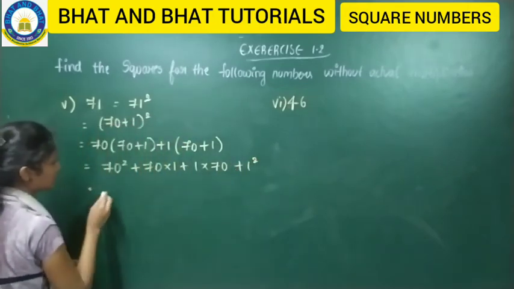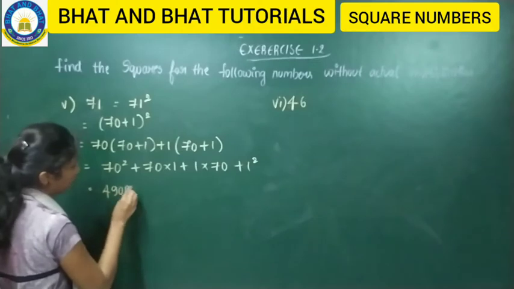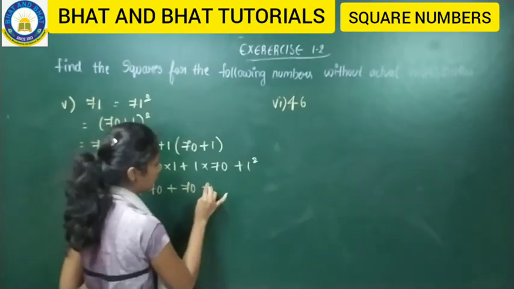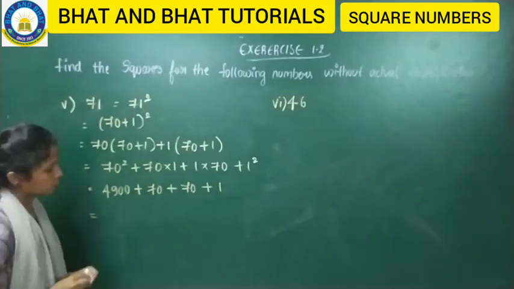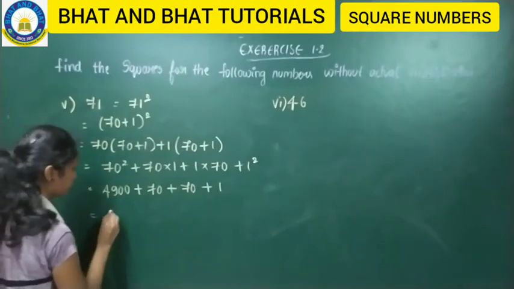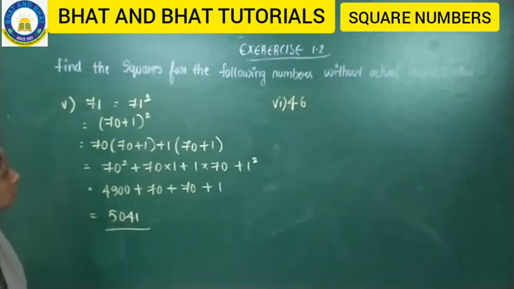So 7 sevens are 49, 4900, plus 70 plus 70 plus 1. So 4970 plus 70, it will become 5041. Copy down this now.